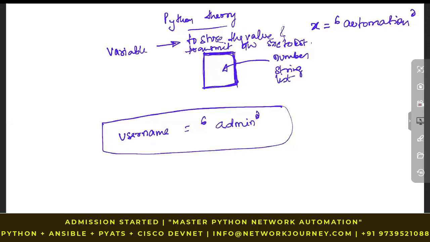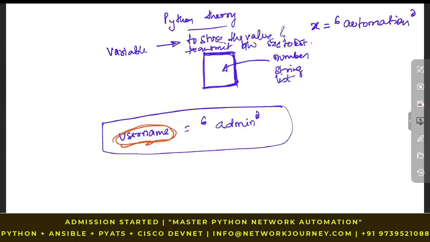See, when we are not giving the single quotation, it is taking a value, but now it is taking that exact name only. Now the username is admin only. What does this mean?